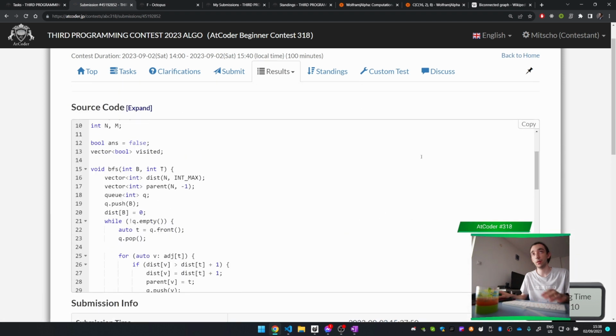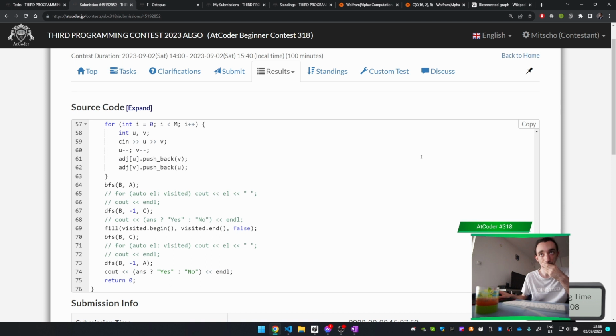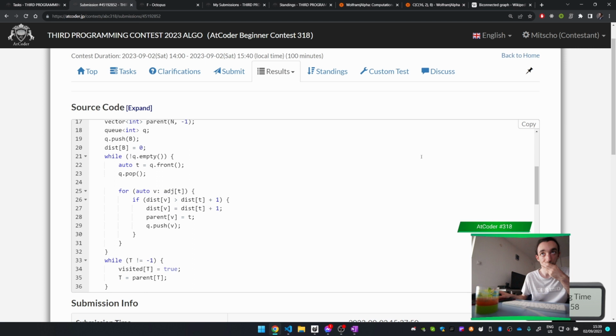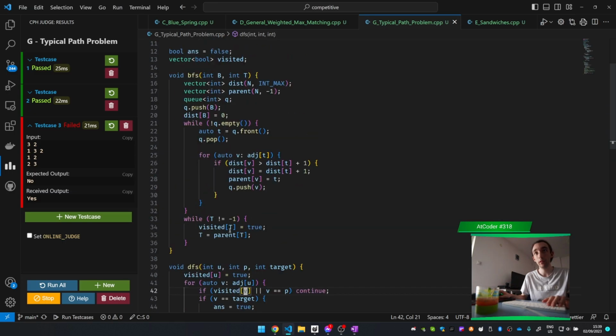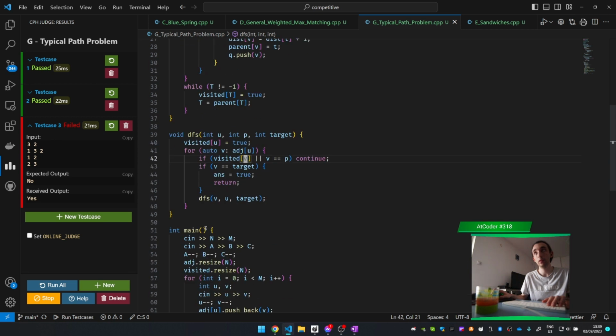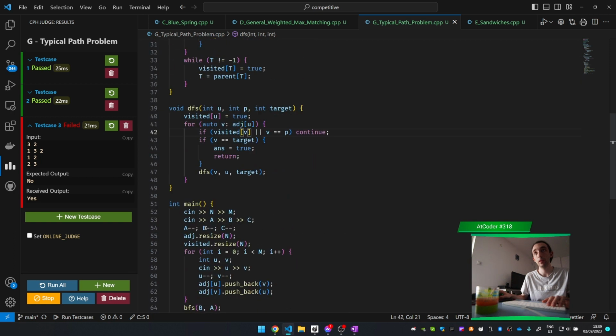From wrong cancers. The target here is sent, and then B is sent as well, right? Right. And then when B or the target is visited, then it's no.